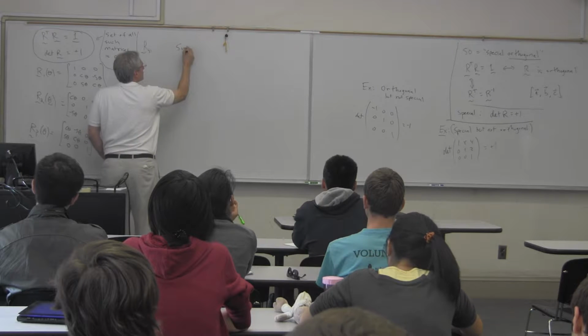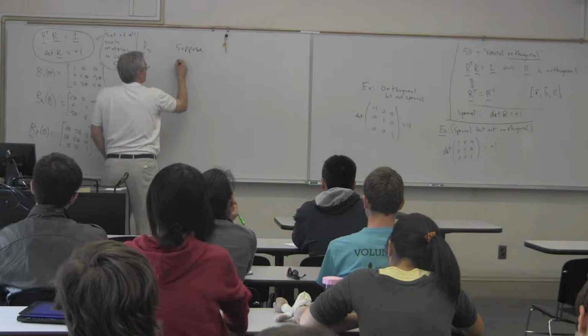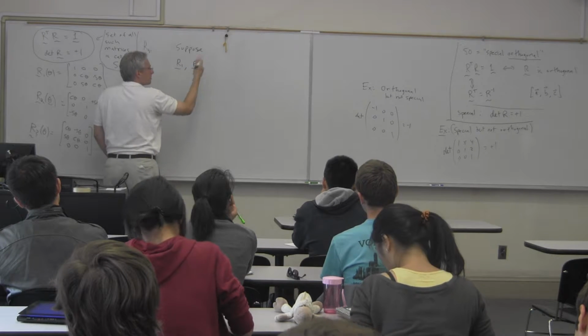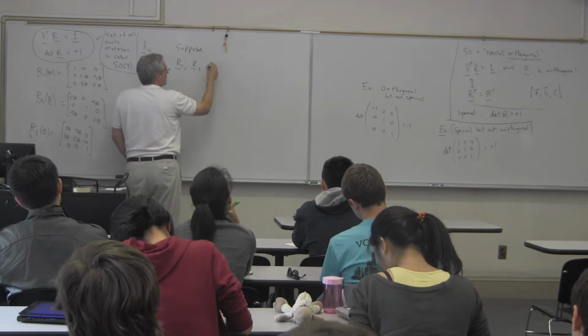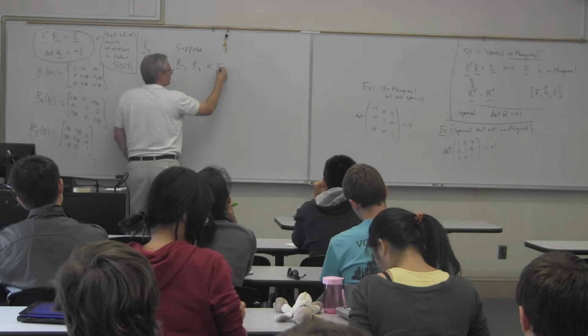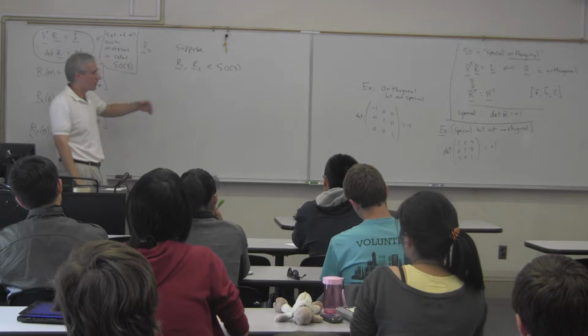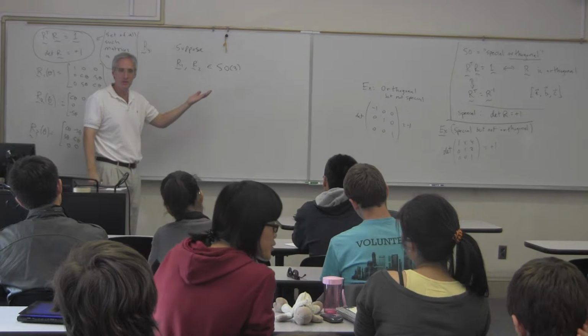Suppose that R1 is a rotation matrix and R2 is a rotation matrix. In other words, they are both elements of SO3. This just means R1 and R2 are both 3x3 rotation matrices.